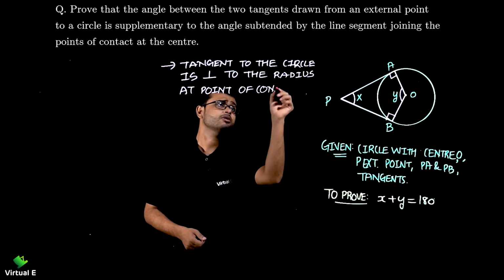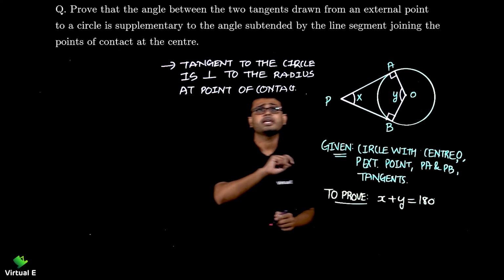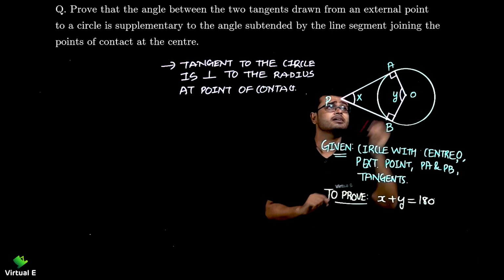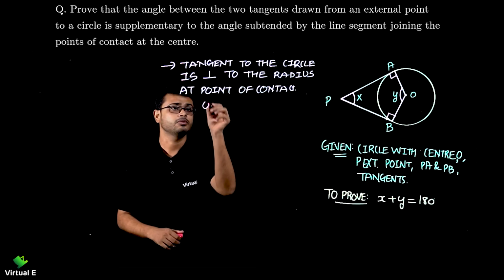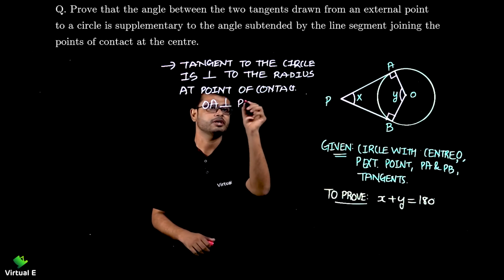Remember this sentence. It means this angle is 90 degrees. Let's write OA perpendicular to PA.